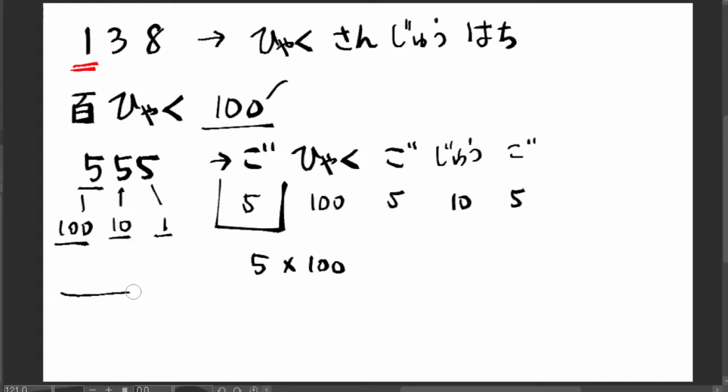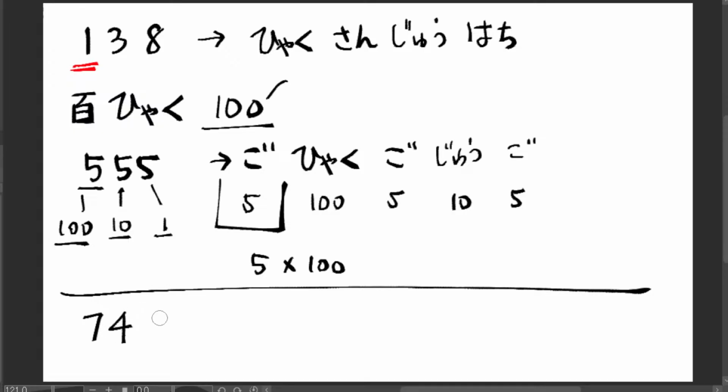Okay, let's try that again. For example, 741. 700 would mean 7 times 100, and you have 4 times 10, and you have 1 at the back.